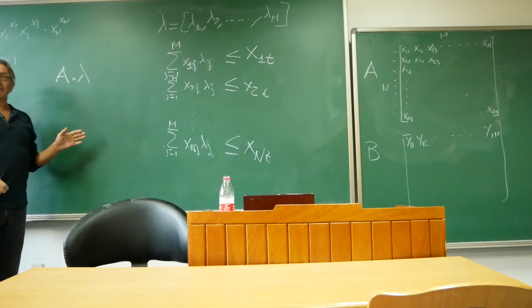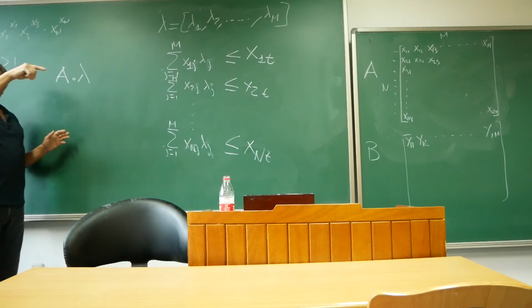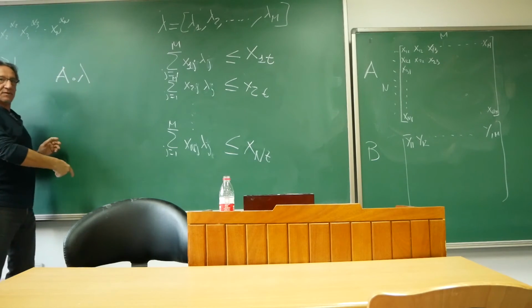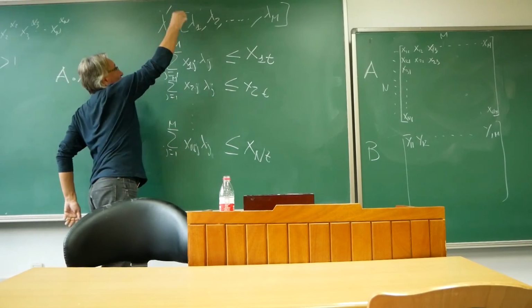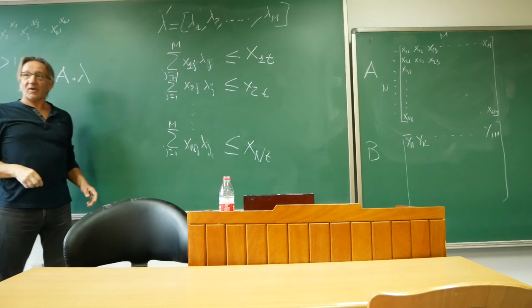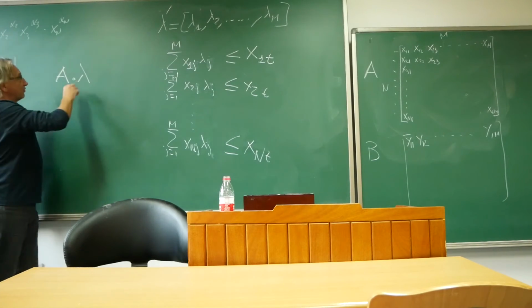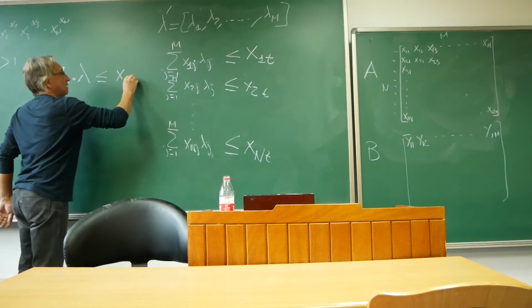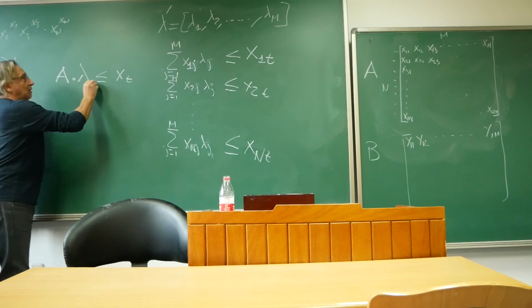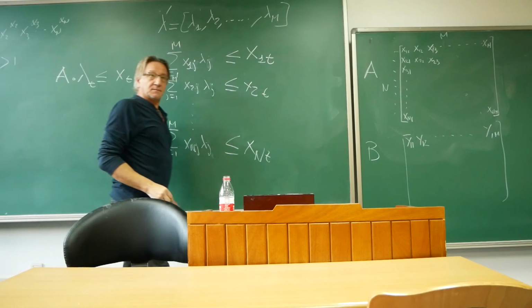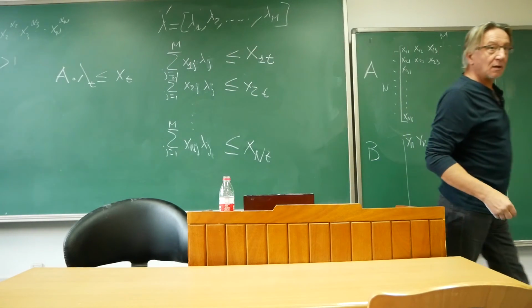Where lambda is a column, a row vector, right? Yeah, row, yeah. No. Row, no, it's a column vector. So, well, I wrote it like that. Right. Okay? So this is the first physical requirement of production. Correct? Yes. For an economy.